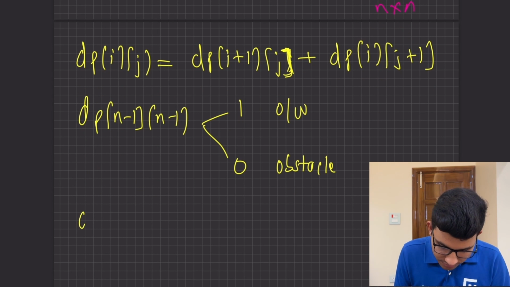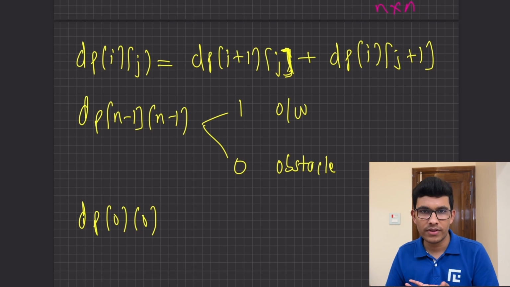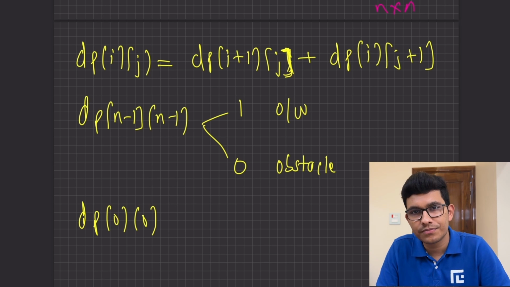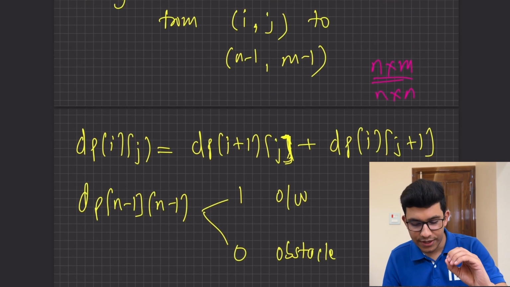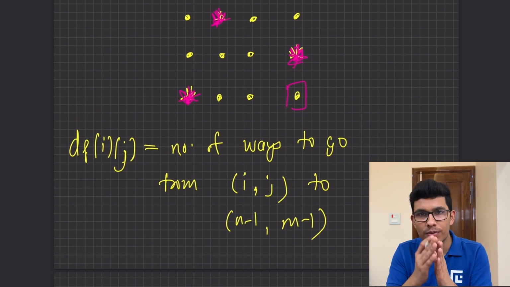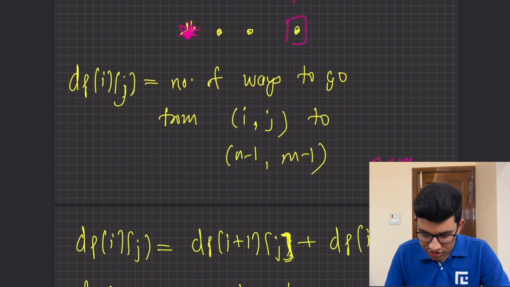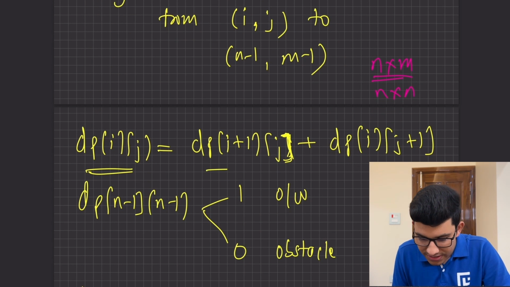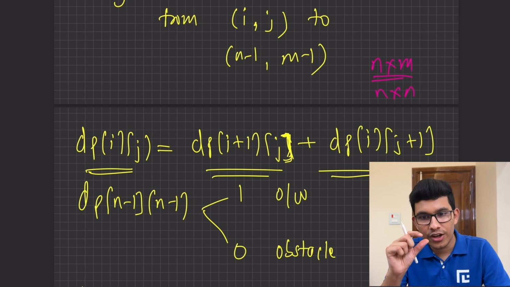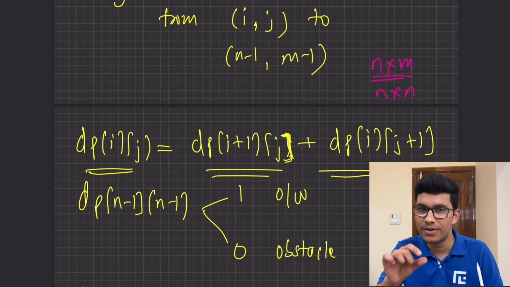Final subproblem is very obvious: dp of 0 comma 0, the number of ways to go from 0 comma 0 to n minus 1 comma n minus 1. Correct? Now, like I said, if you have an obstacle, for that particular cell, you cannot go from that cell to n minus 1 comma n minus 1. So you will have to make sure that when you're doing this transition, if your i comma j has an obstacle, then your dp of i comma j is 0.